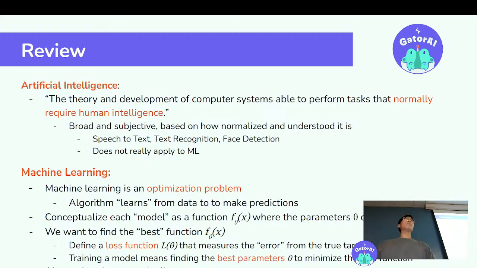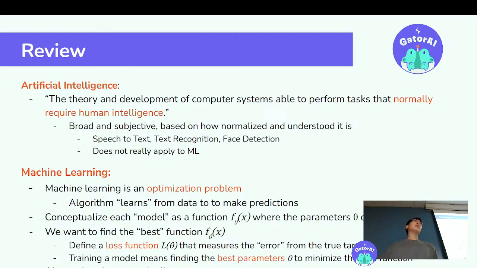And what most people consider to be artificial intelligence is actually based on how normalized it is and how understood it is. There's a lot of things in the past that used to be considered the pinnacle of artificial intelligence. You have speech to text, text recognition, face detection. Really, in the past, this was considered high edge, brand new AI.